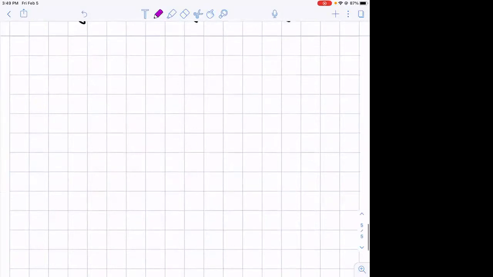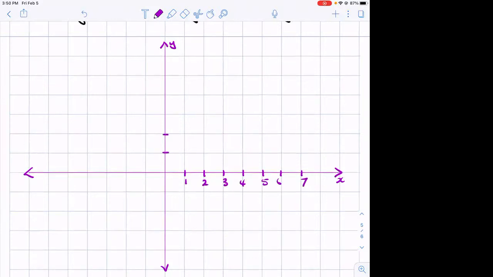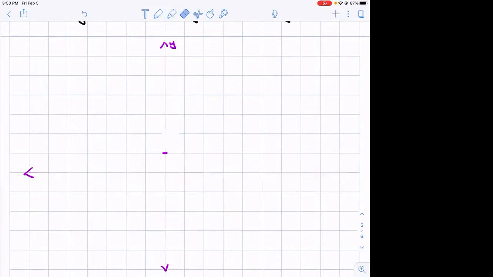So, if we draw the xy axis, actually, why don't we make it a scale smaller so we could draw this in a smaller graph too.